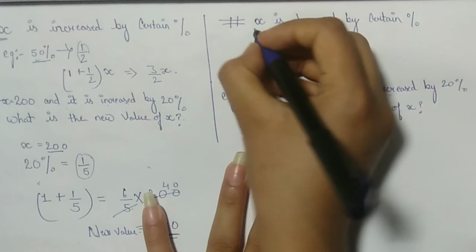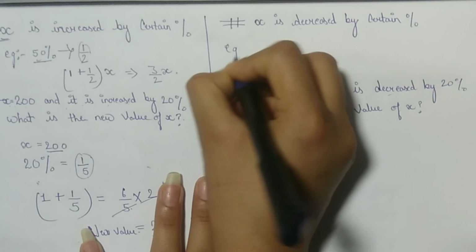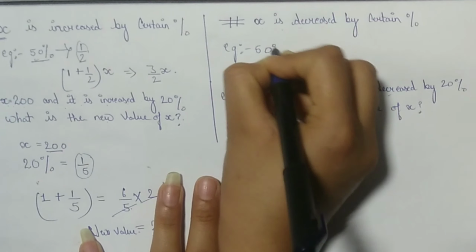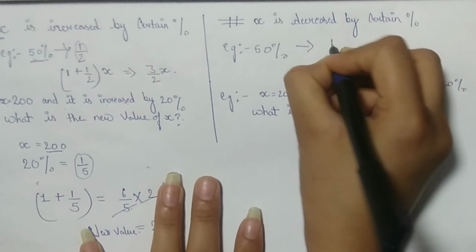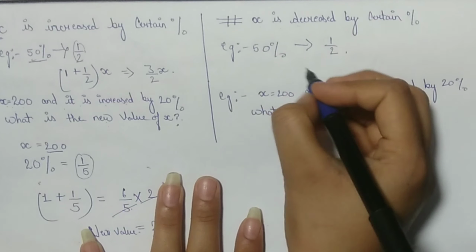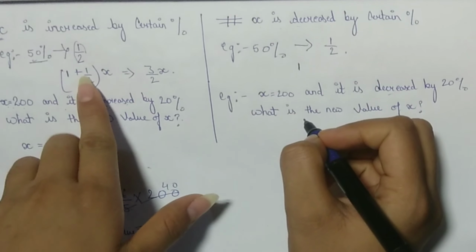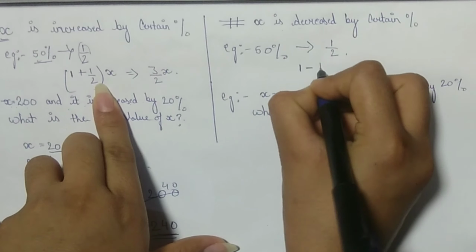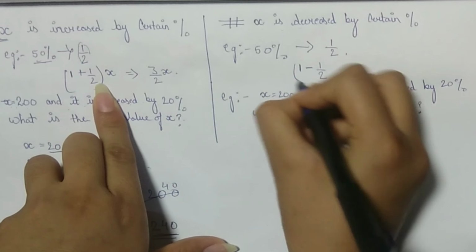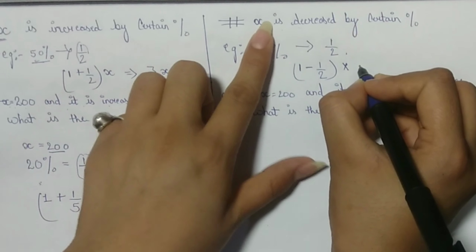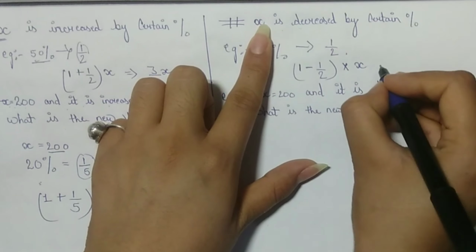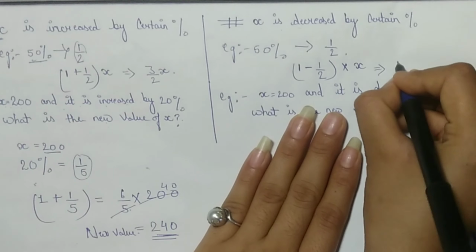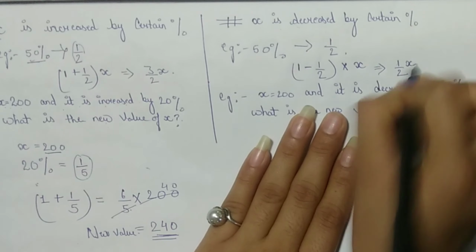Let's take the same example, 50%. The fraction part of 50 is nothing but 1 by 2. Just write down 1 here. There we add the fraction part to 1; here we will subtract the fraction part and multiply it with the value of X. What we get is 1 by 2 of X.